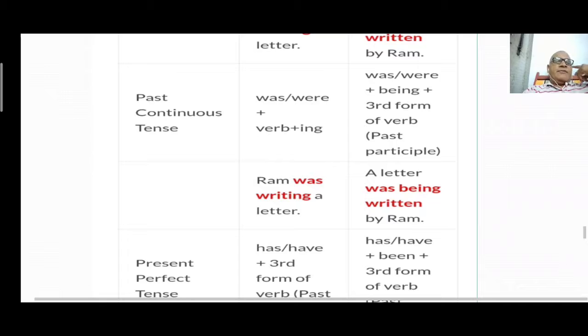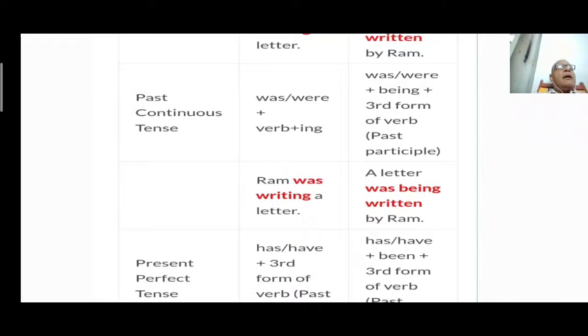The examples for this are Rama was writing a letter. Rama was writing letters. So, a letter was being written by Rama. Letters were being written by Rama. This is the passive form.